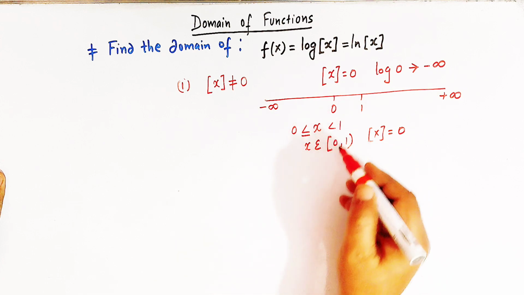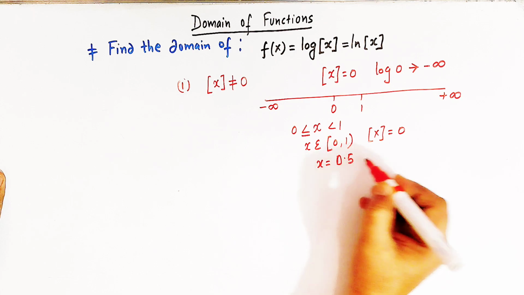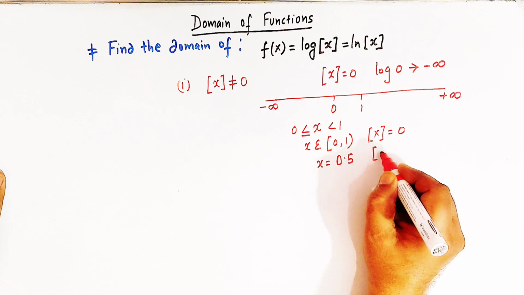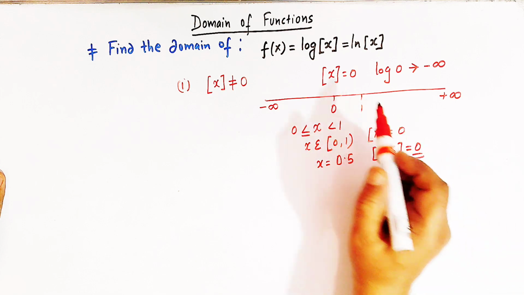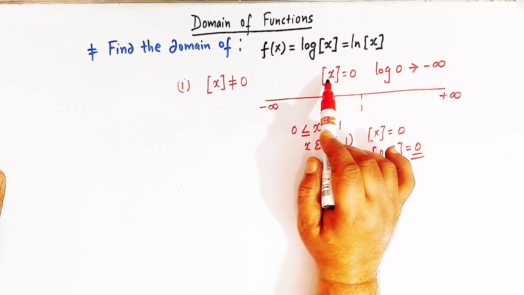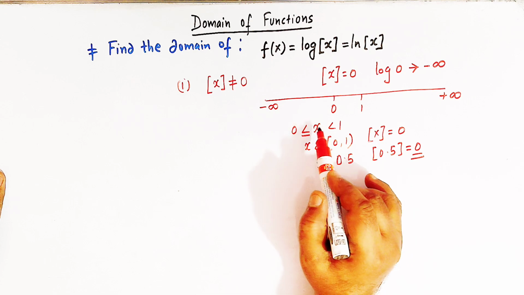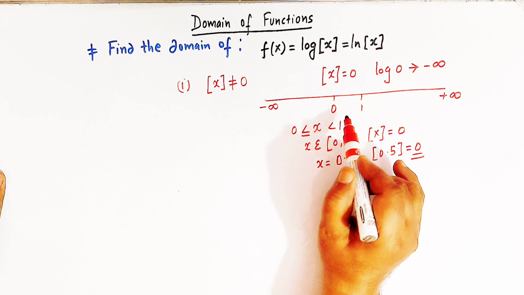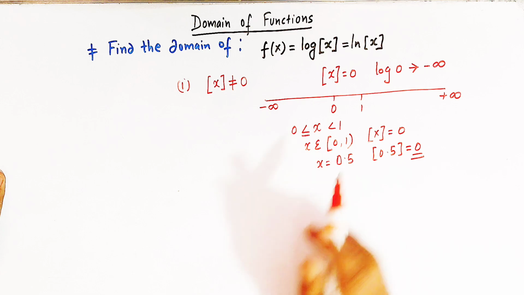For example, if x is equal to 0.5, then 0.5 lies between 0 and 1, and the greatest integer of 0.5 is equal to 0, right? So the first important point is that the greatest integer of x should not be equal to 0, or in other words, x is greater than or equal to 0 and less than 1. We should not have any value of x which lies in this interval.